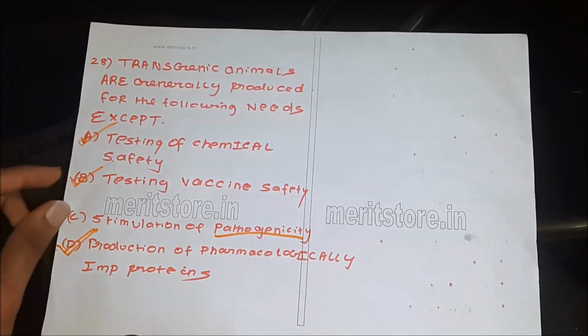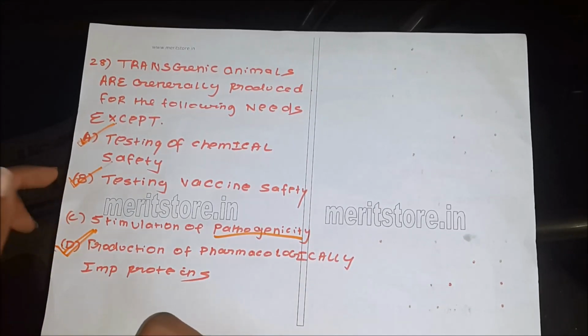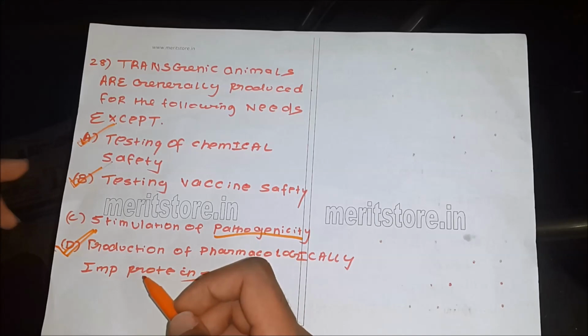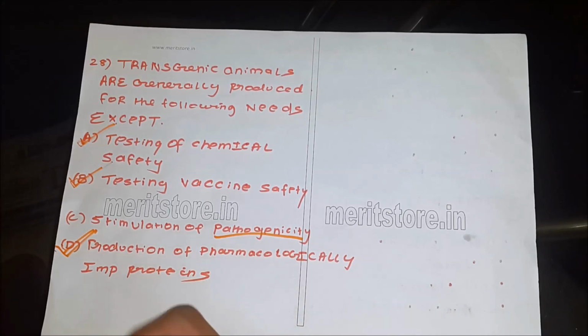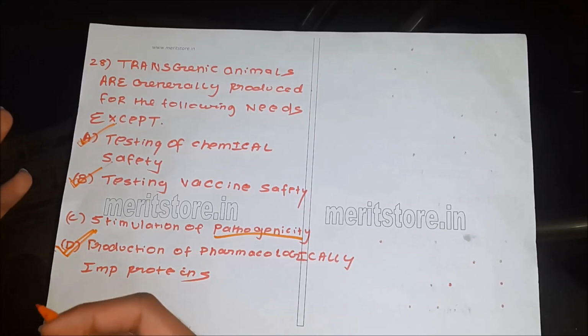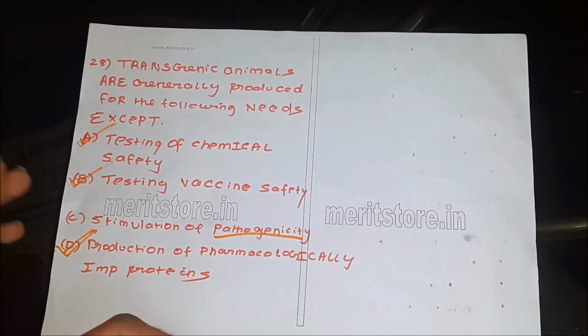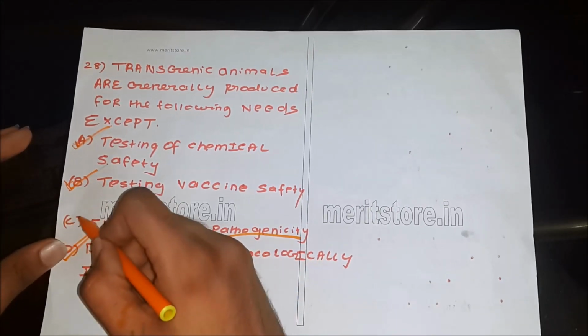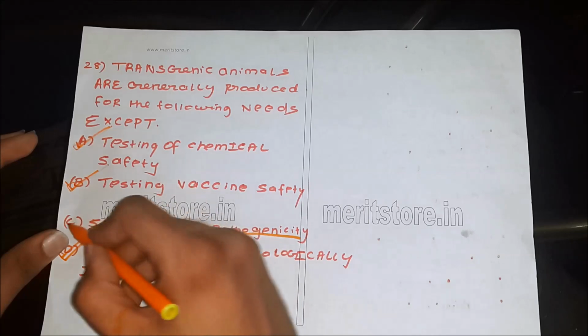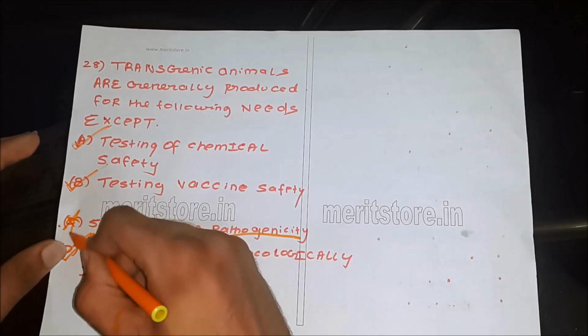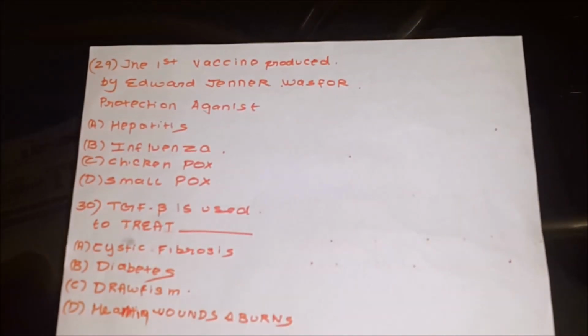Now, pathogenicity in simple terms means the ability of an organism to cause disease. Now, why would someone want to cause a disease? To stimulate means to cause the disease, right? Nobody is wanting to cause the disease, everybody is wanting to prevent it. So C is the answer. Answer is C. Let's move on to the next question.